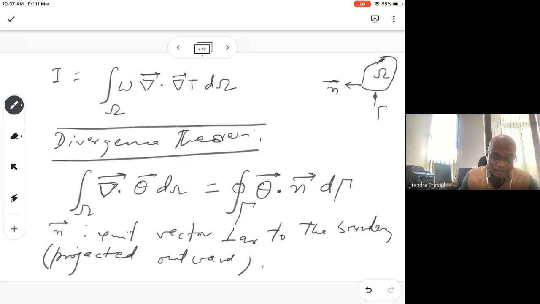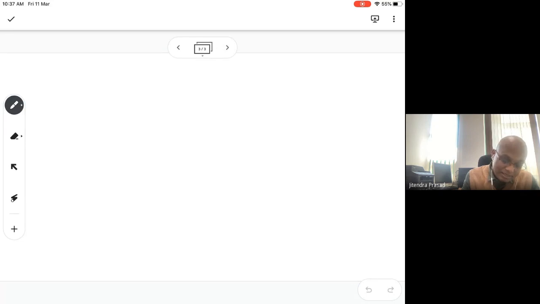It actually has a different form. If you have a gradient, you can also apply the same thing.